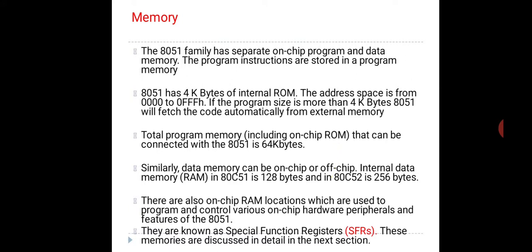So the total program memory, including ROM, that can be connected with 8051 is 64 kilobytes. Up to this much it can be connected. Then similarly, RAM memory is about 128 bytes for the 80C51 series, and the other series 80C52 has 256 bytes of RAM memory. Okay, internal RAM memory.